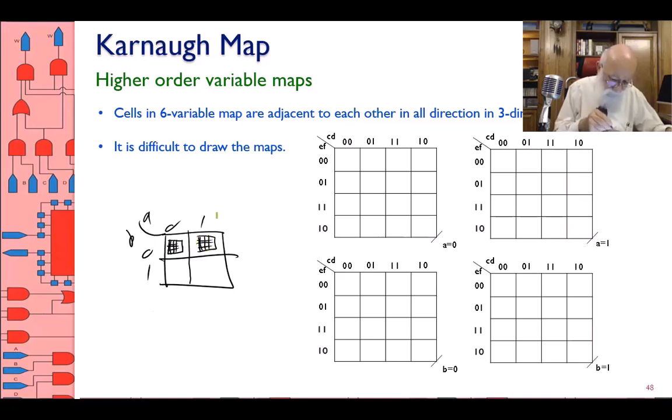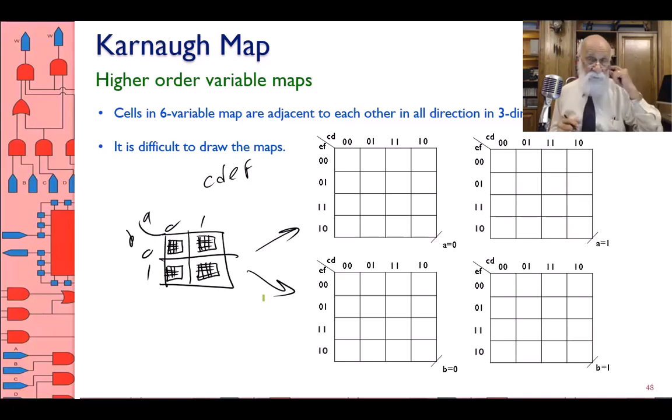That becomes AB for the outside, then C, D, E, F for the 4 here. Okay, which I'm showing over here.